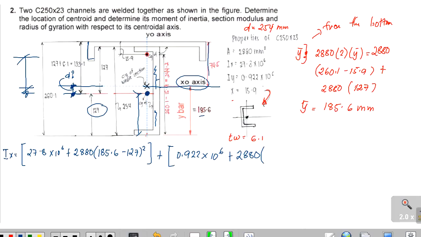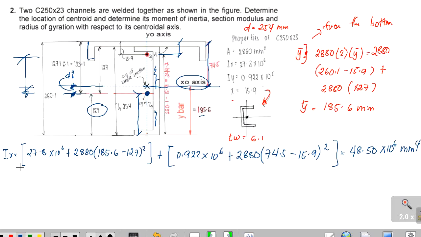If this is 74.5 from the top, and that is 15.9, the distance here is 74.5 minus 15.9, squared. Solving our equation, our Ix now is equal to 48.50 times 10 raised to 6 mm to the 4.